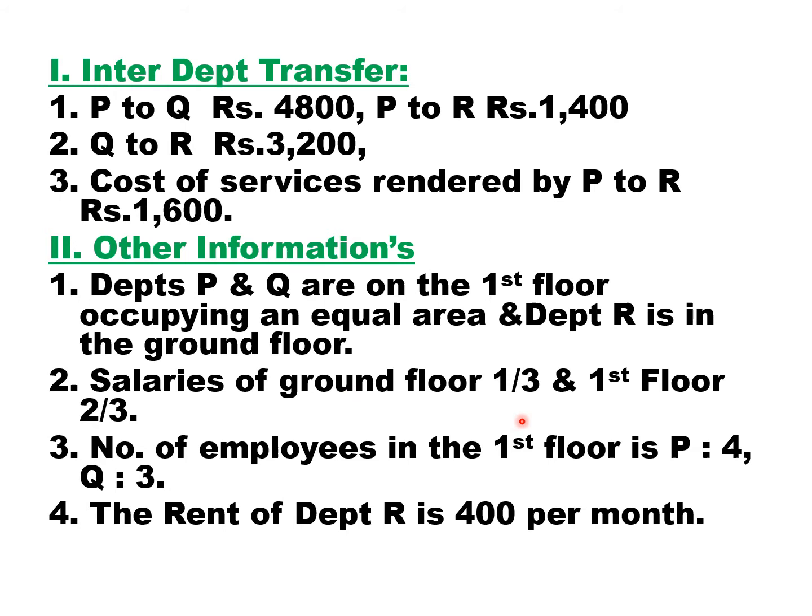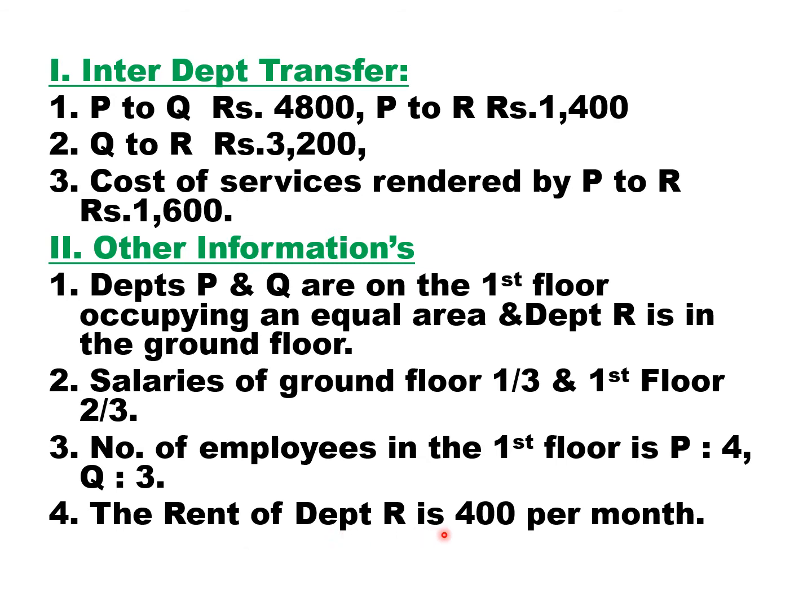Salary of the ground floor is 1/3. Who is there in the ground floor? R. So R salary is 1/3 and the remaining salary goes to first floor, that is 2/3. First floor salary belongs to P and Q. Number of employees in the first floor is P 4 and Q 3, so distribute first floor salary between P and Q in 4:3.